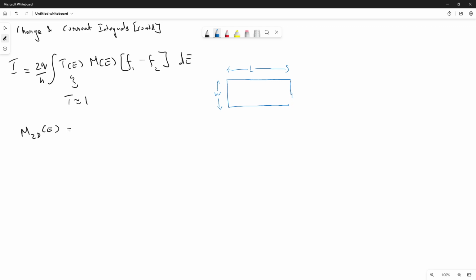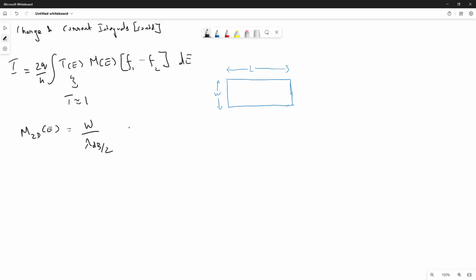Sir, it was W times root over E. You're trying to guess the expression. Forget the expression. Think about what it is. So it is essentially directly proportional to W, divided by the number of half wavelengths, de Broglie wavelengths, lambda de Broglie by 2.